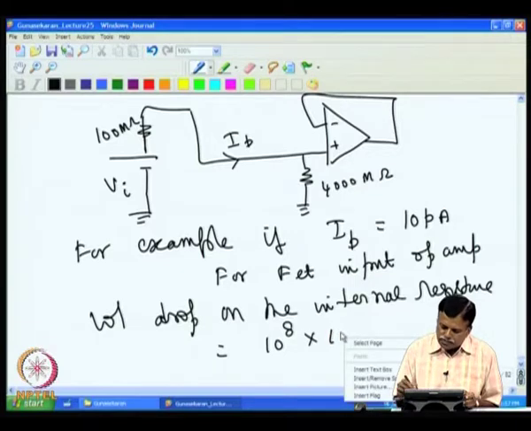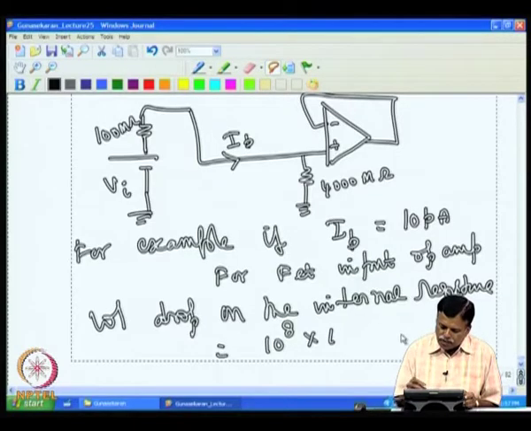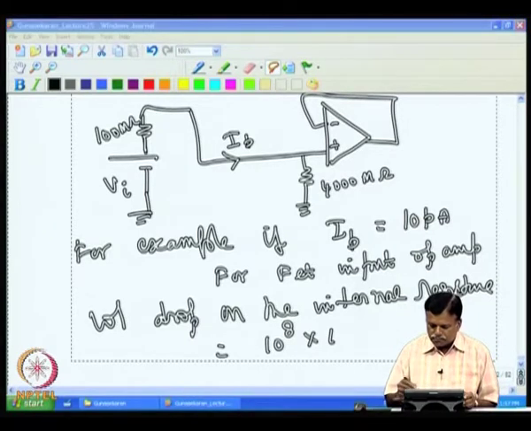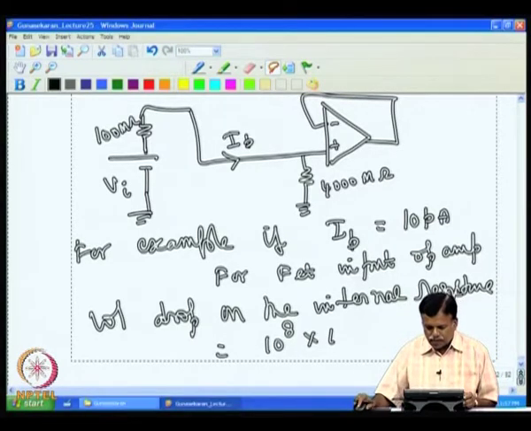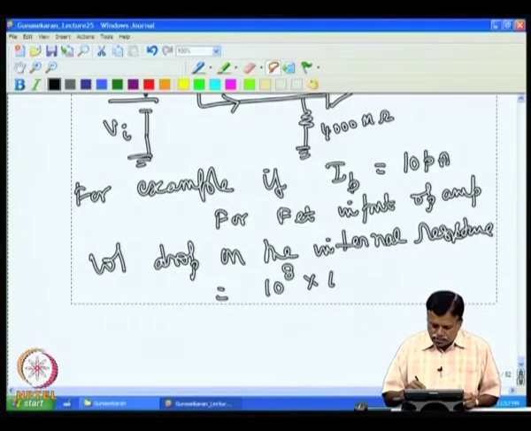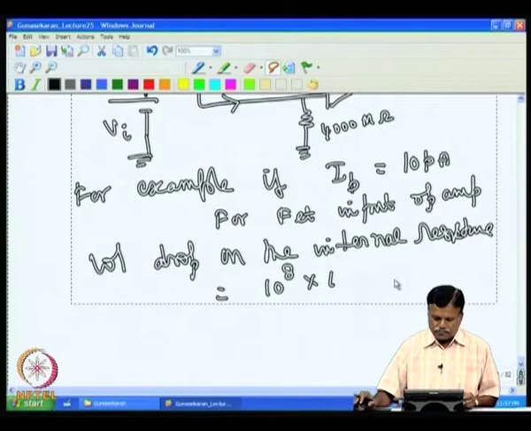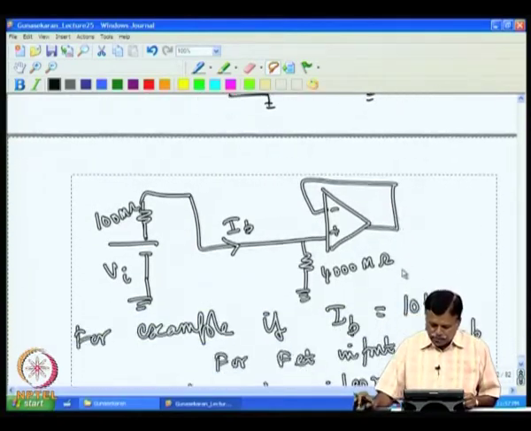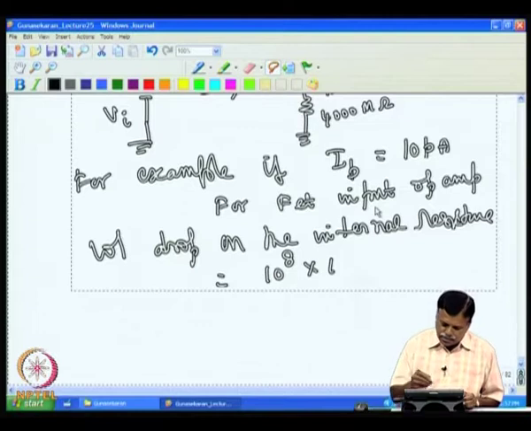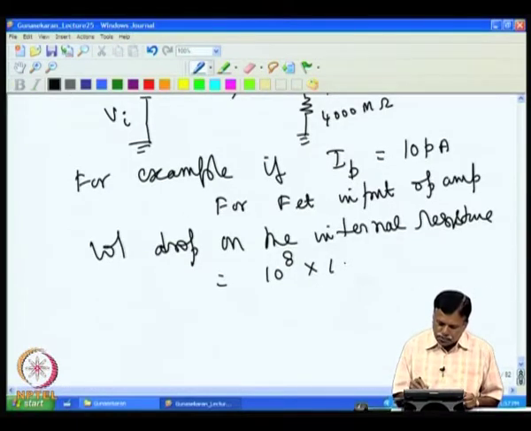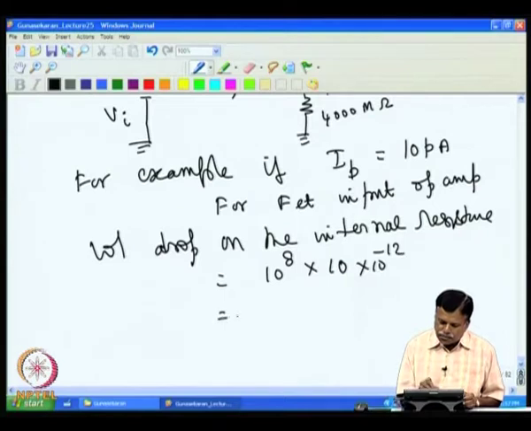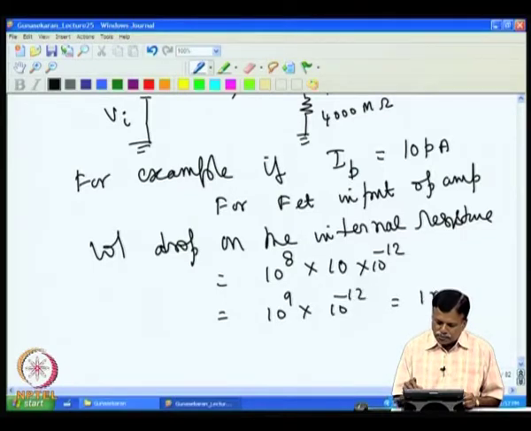So, we have 10 power 8 into 10 into 10 power minus 12, that comes out to be 10 power 9 into 10 power minus 12, that is equal to 1 millivolt.